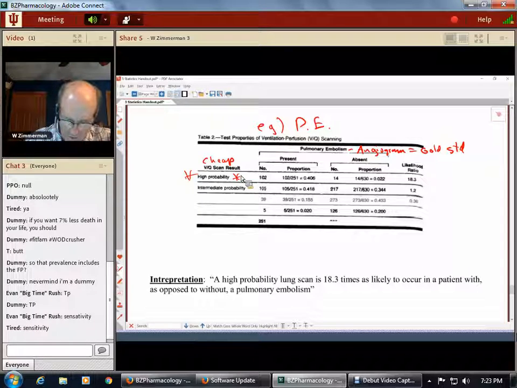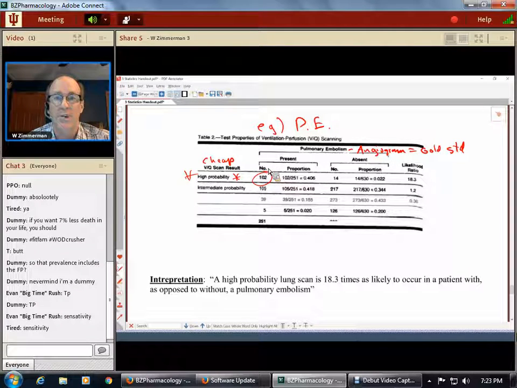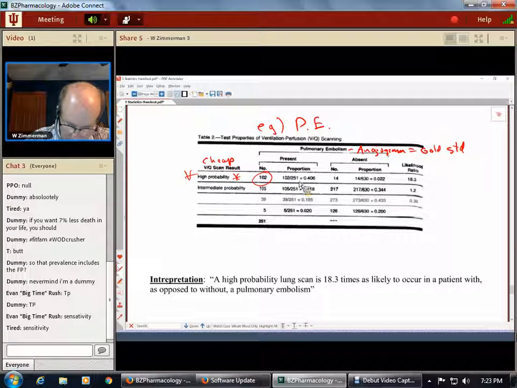You ran the cheapo scan and said, oh, there's a high probability of a pulmonary embolism. Well, what it picked up was 102 patients that the scan results said had the disease. Well, that's pretty pathetic, you guys. Look at this, there's actually 251. So that's a pretty lousy sensitivity. It picked it up 40% of the time.